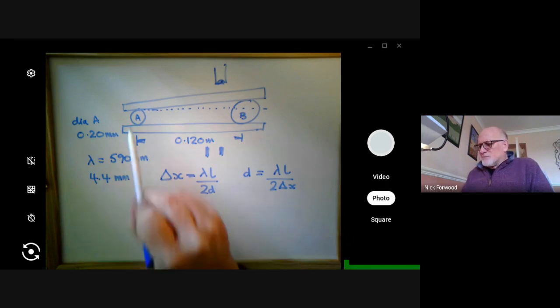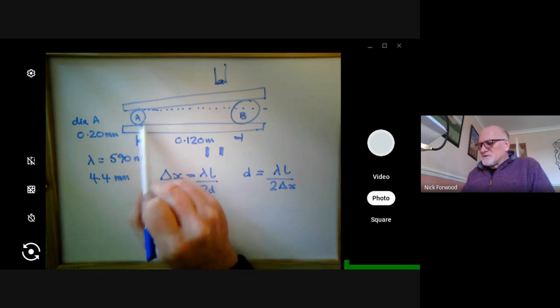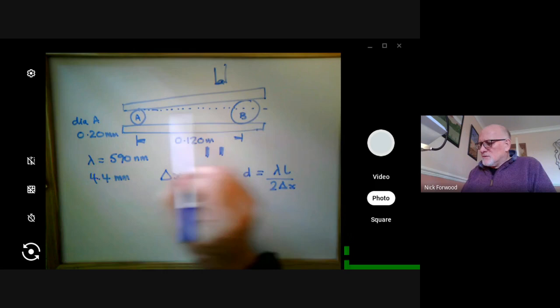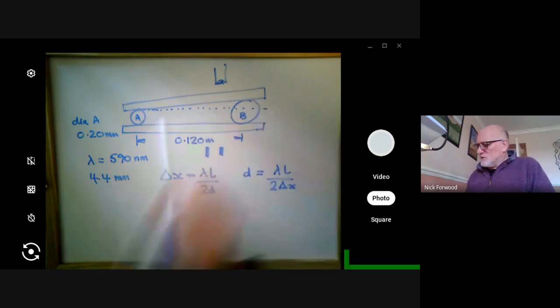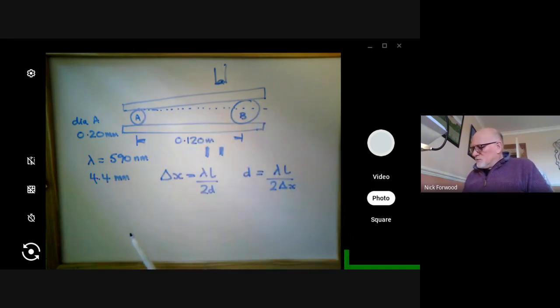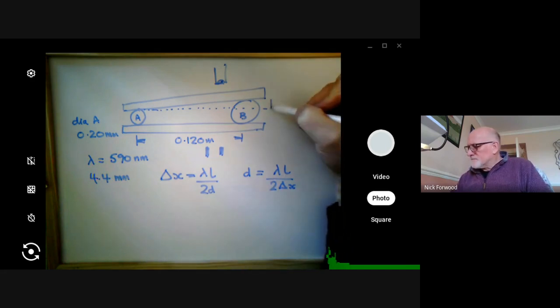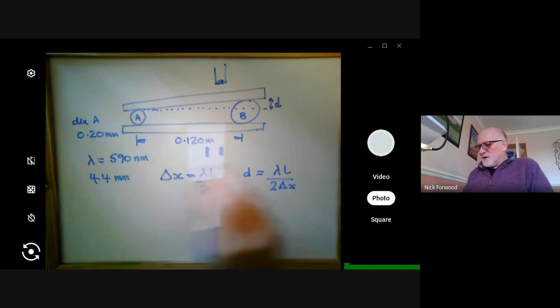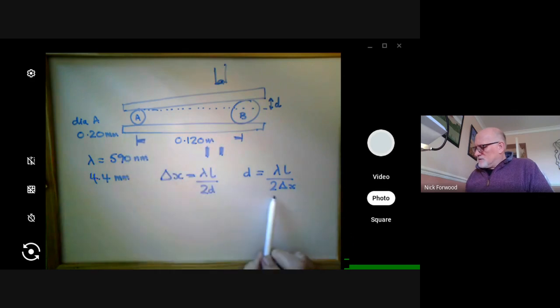Obviously, this is propped up at this end here, and this is in effect the wedge here that we're going to be looking at. So we've got the difference in thickness will be this distance here. The wavelength of light, the length between one end and the other, and 2 delta X. There's delta X as well.